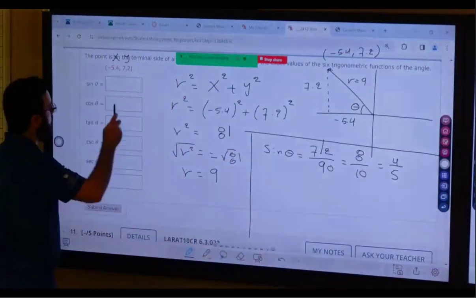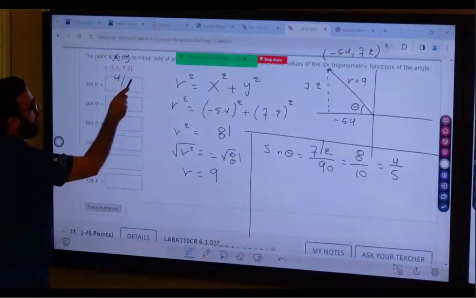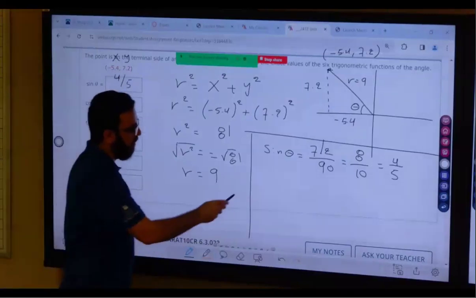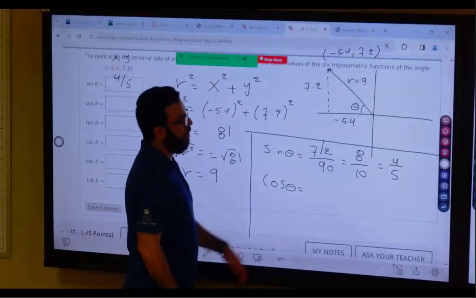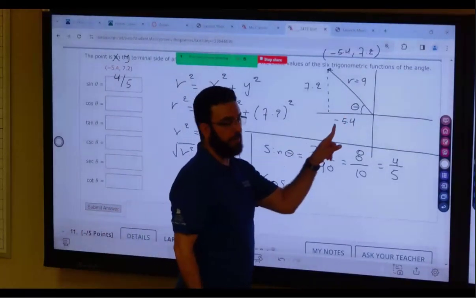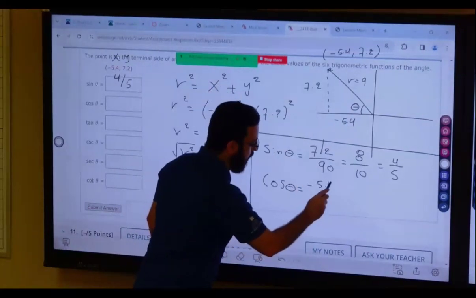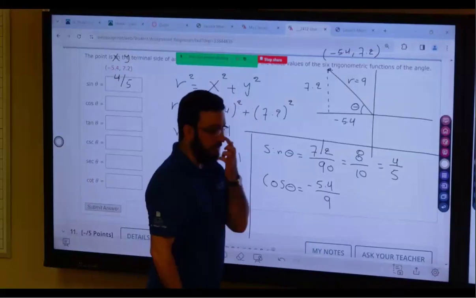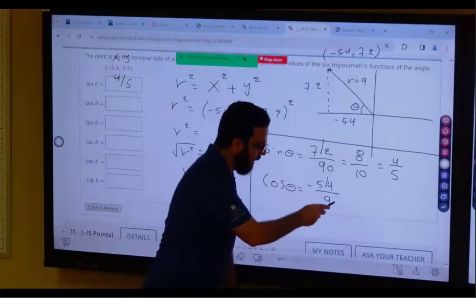Can I do the same thing with the cosine? Cosine theta equal negative 5.4 over 9. Cancel the decimal: negative 54 over 90.